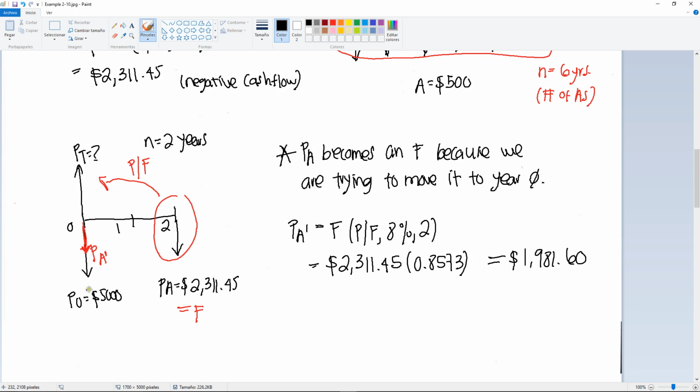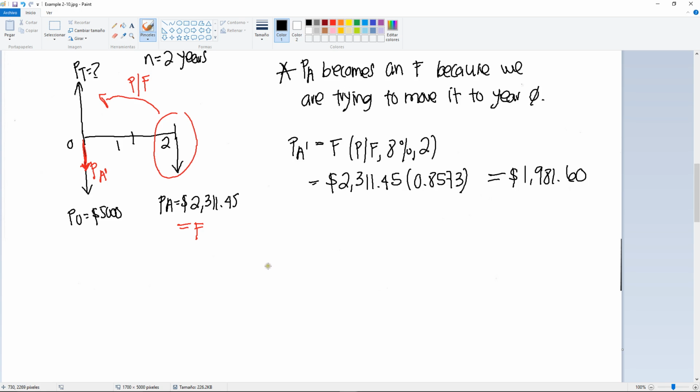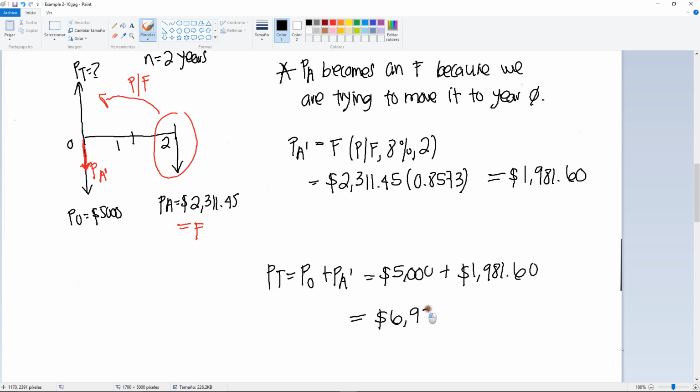So your PT is going to be equal to P0 plus PA prime, which is 5,000 plus 1,981.60, giving you a total of 6,981.60. Are we done yet? Yes, we are done.